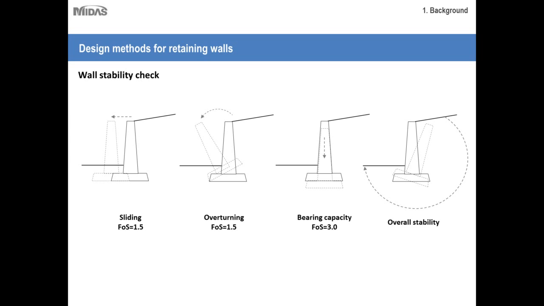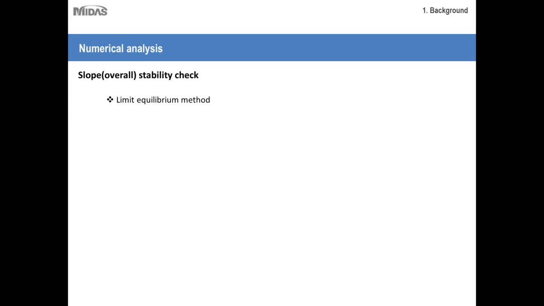And if that failure occurs, then you can take precautionary measures well in advance. So basically this overall stability check, also known as the global failure check, can be done only through a numerical analysis method.